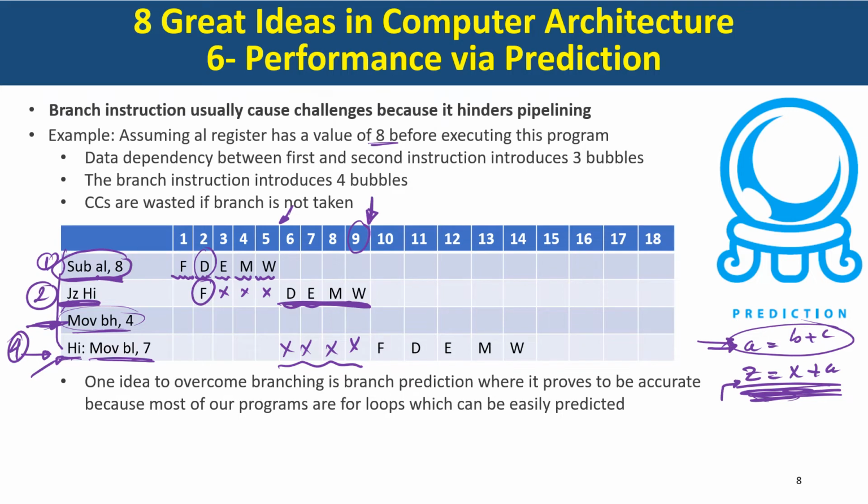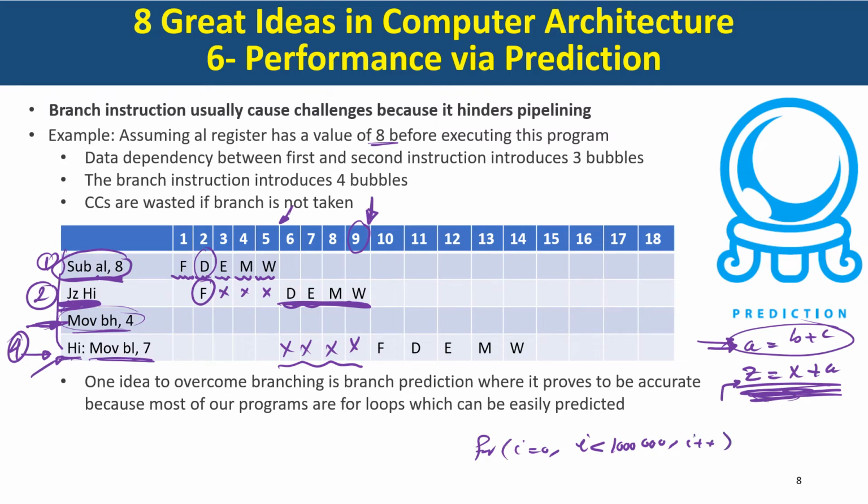This is really a common case in our programs. Our programs usually have if-else statements, like if condition do this block, else do another block. That's basically branching. That's exactly similar to jump zero high. And also the for loop. Let's say we have a for loop for I equal to 0, I less than, let's say, 1 million, I plus plus.